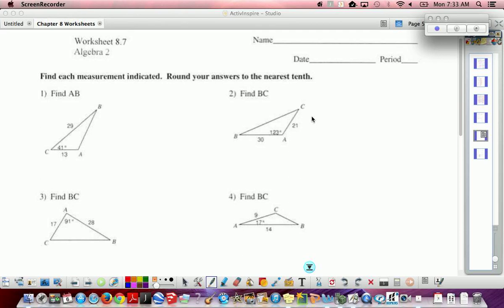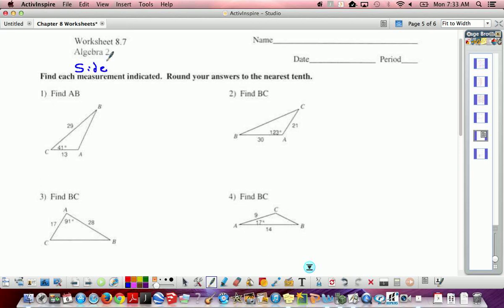So when I'm looking at the law of cosines, on these first problems I have to find all of your sides. Anytime I'm trying to find a side, the way I look at the law of cosines is I think of it like this. The side that I'm looking for squared is equal to one of the sides squared plus the other side squared minus 2 times the side times the cosine of the angle.